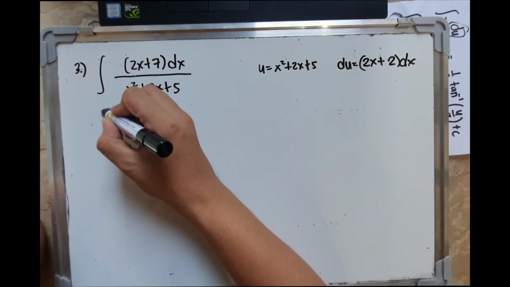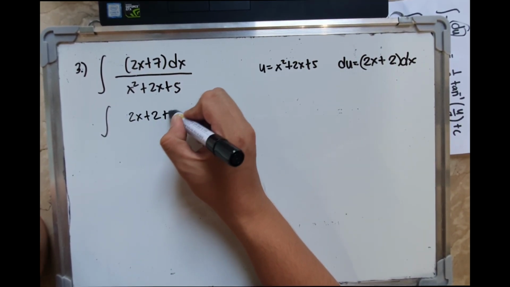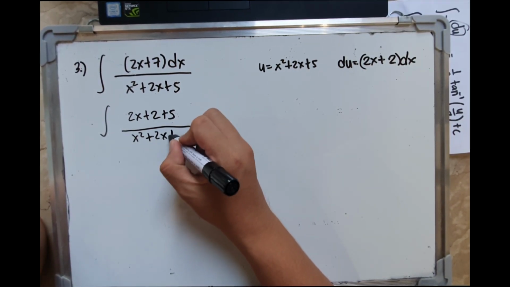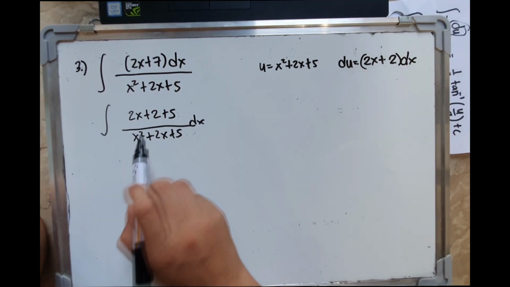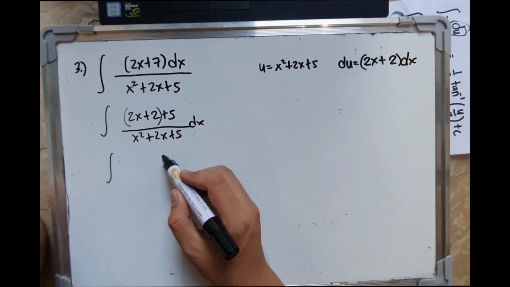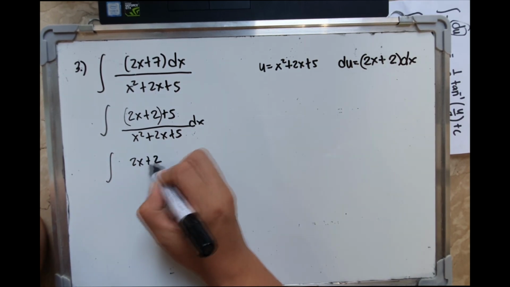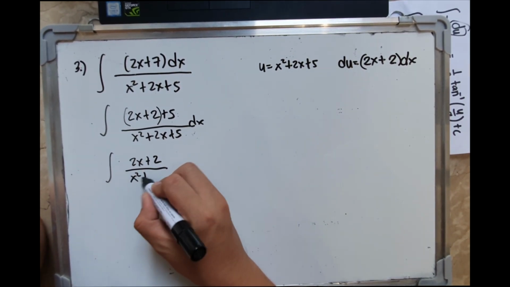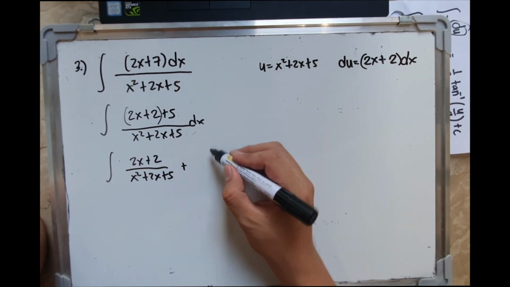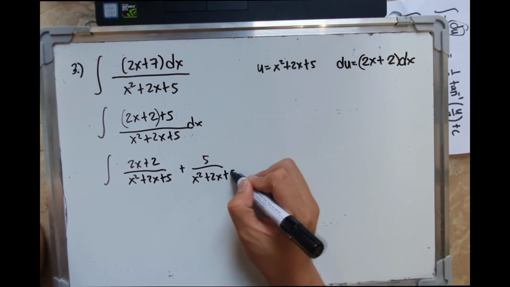So we would have the integral of 2x plus 2 plus 5 all over x squared plus 2x plus 5 dx. We could group this and separate the plus 5. So we would have 2x plus 2 over x squared plus 2x plus 5, and plus 5 over x squared plus 2x plus 5.